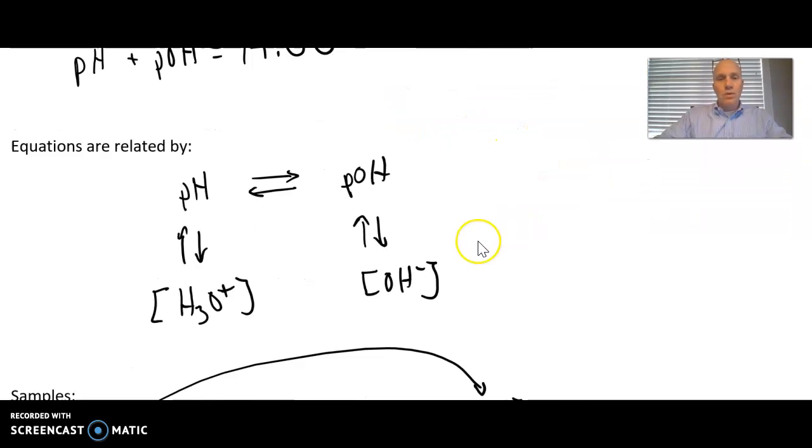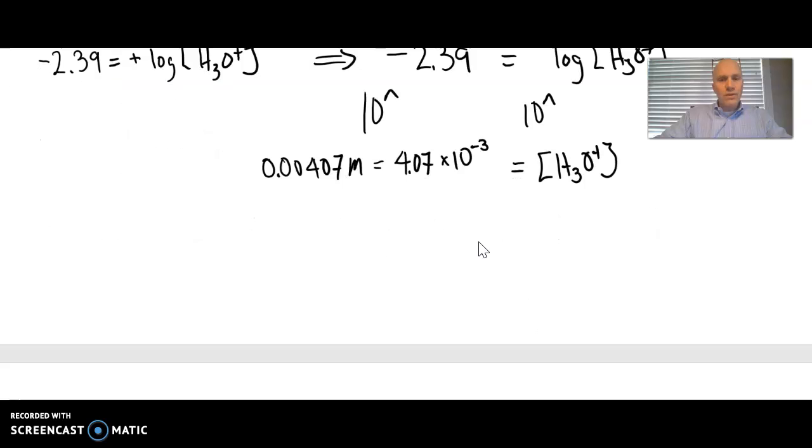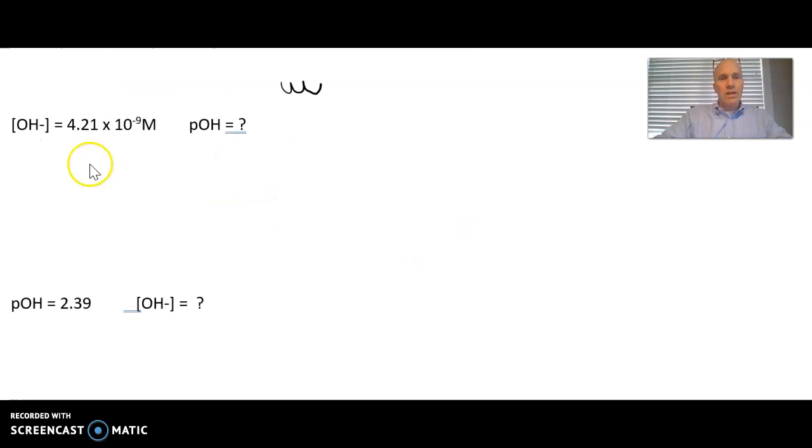As far as the math, we'll go ahead and review this using these two examples real quick. Both of these go between pOH and OH minus. One is just the reverse process of the other. So again, let me write down this equation.